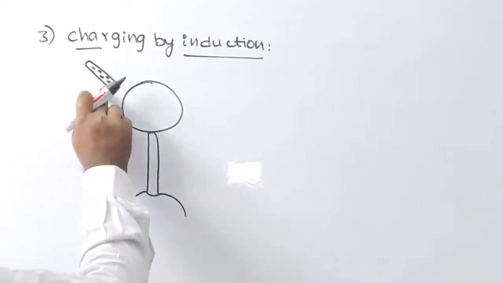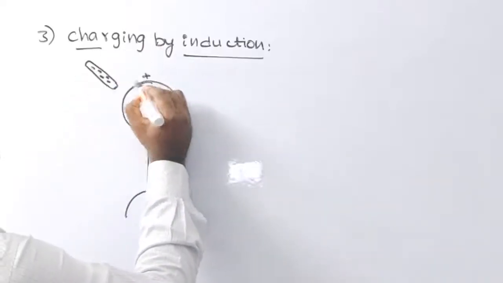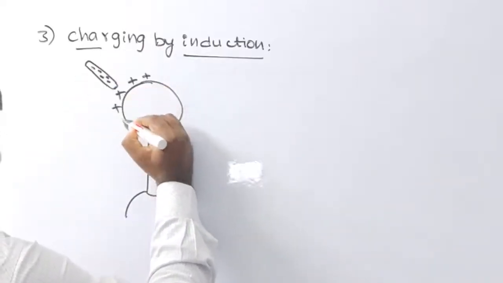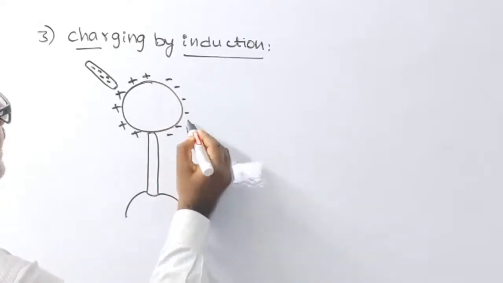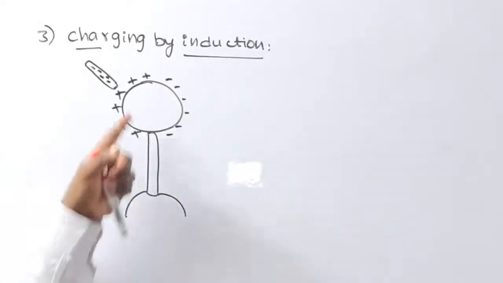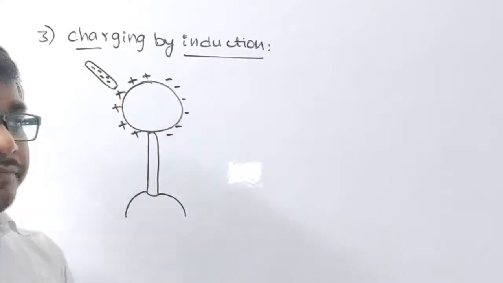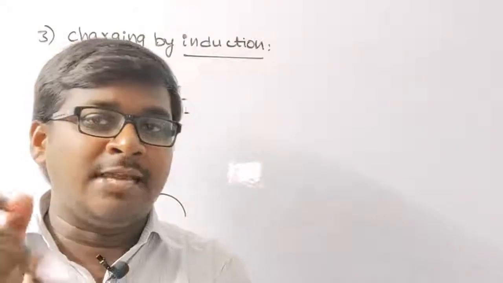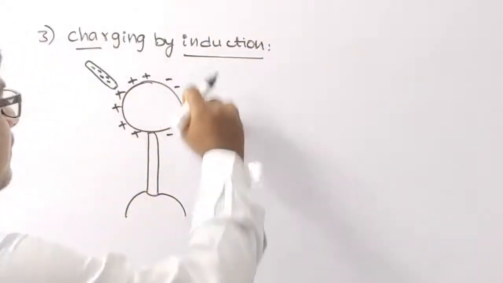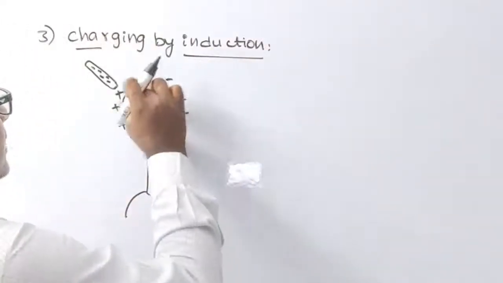So in this, the charge is distributed, one side is positive and one side is negative. In the normal state, the number of protons is equal to the number of electrons, only 6 electrons and 6 protons.